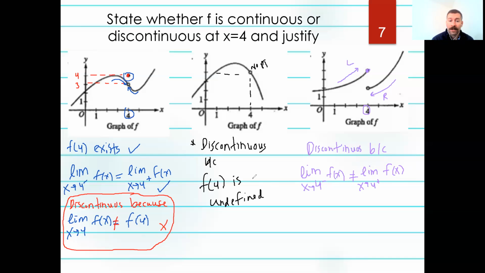So once again, for this first one, the limit was not equal to that value, and that would make it discontinuous. That fails a continuity test. For the second one, what failed was the fact that there is no point there, condition 1. And then this would be condition 2, where the left and right aren't equal.